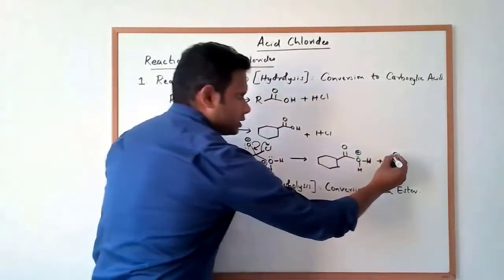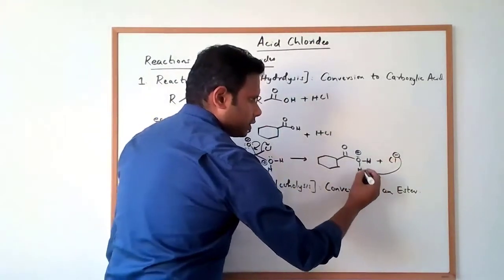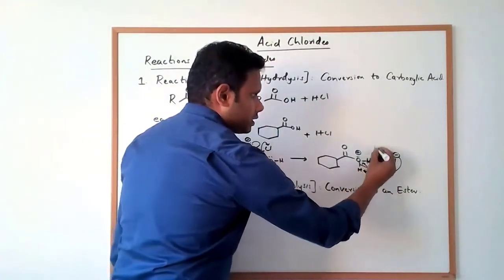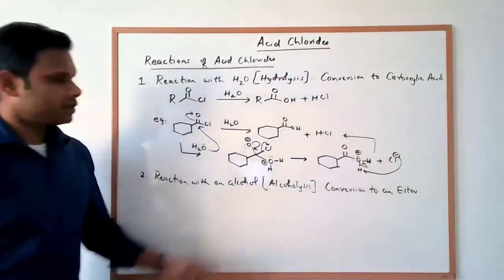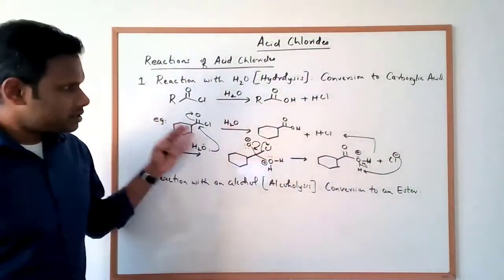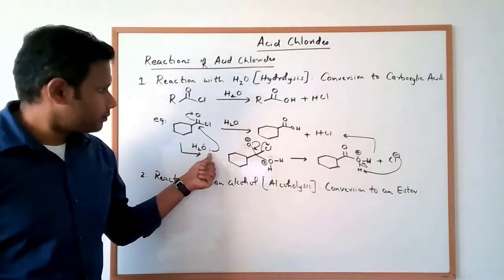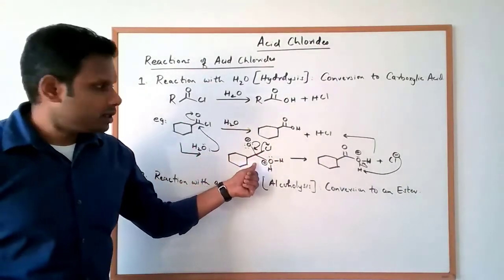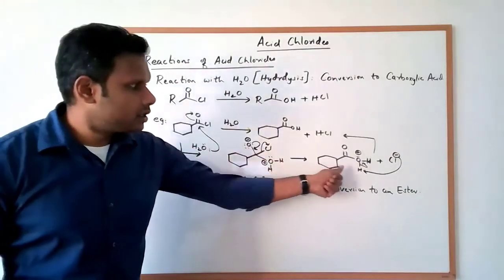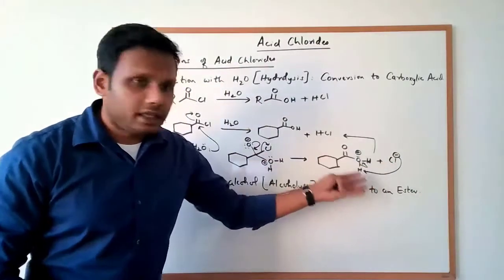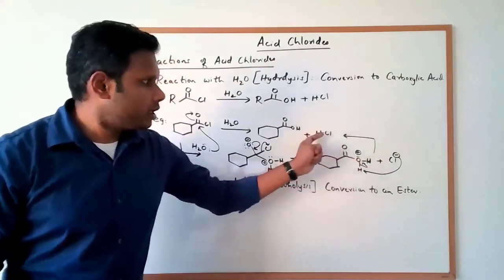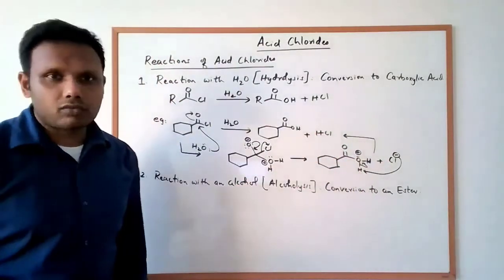When the Cl minus deprotonates this carboxylic acid, it gives us our products. So that's the mechanism of the reaction: an initial attack by the water to give us the tetrahedral intermediate, collapse of the tetrahedral intermediate where the chloride leaves, and then deprotonation to give us the carboxylic acid.